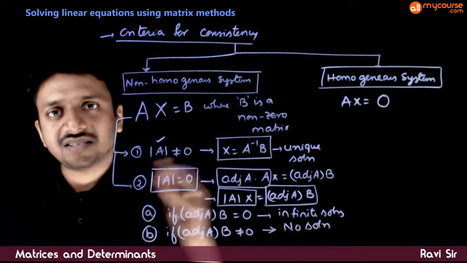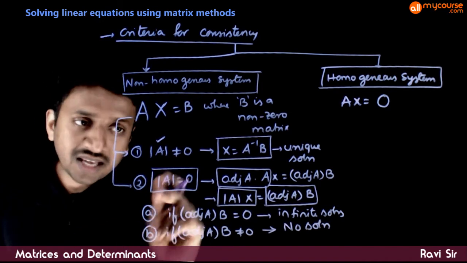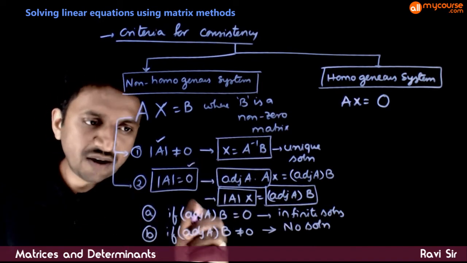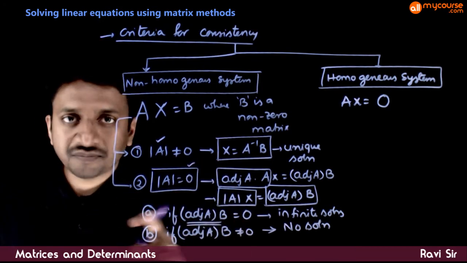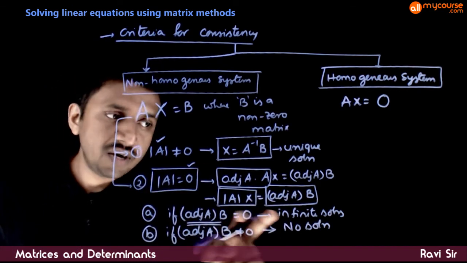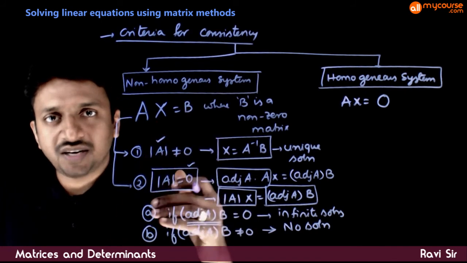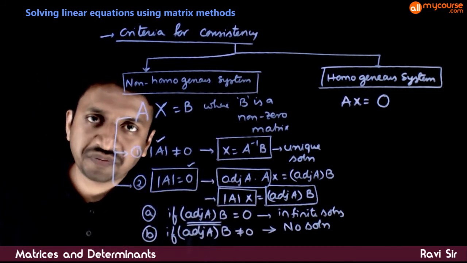So these are the three cases that you have. Det A not equal to 0, unique solution. In the case det A is equal to 0, you have to find adjoint of A times B. If this is equal to 0, then infinite solutions. Not equal to 0, no solution.